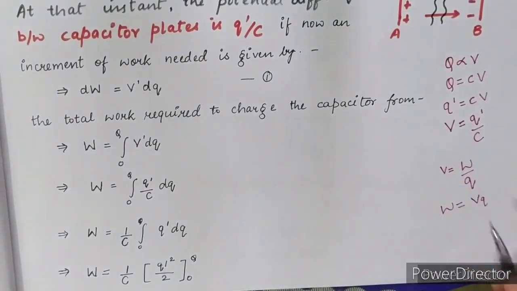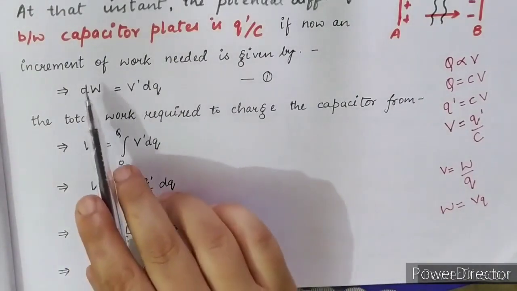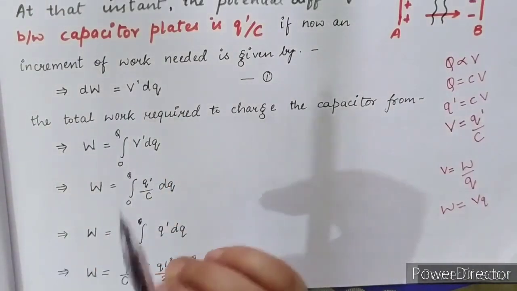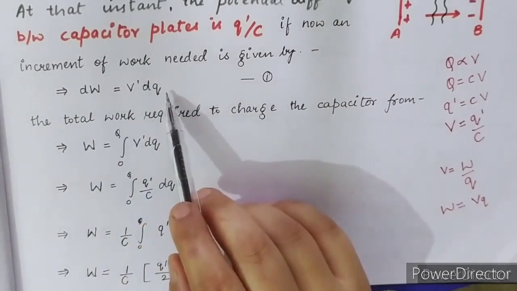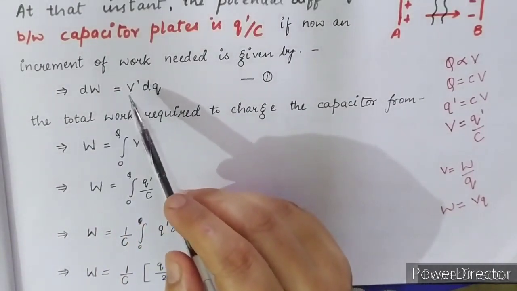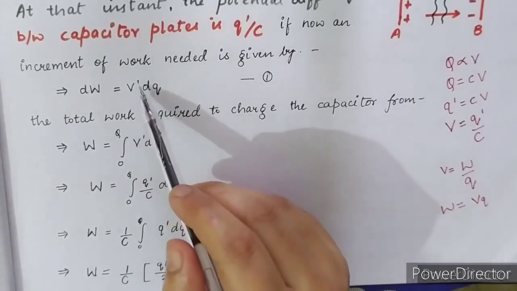We apply this formula from the third chapter here for energy stored in a capacitor, and we will easily put in the value of potential. Increment means some addition, so a small amount of work for this small charge, with the potential difference due to the charging process being V dash.